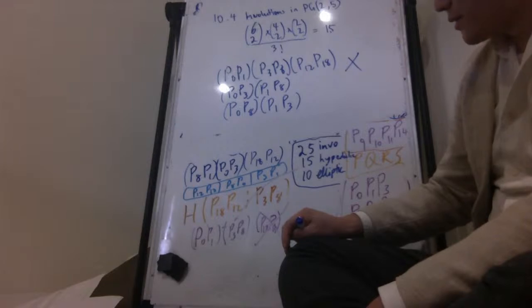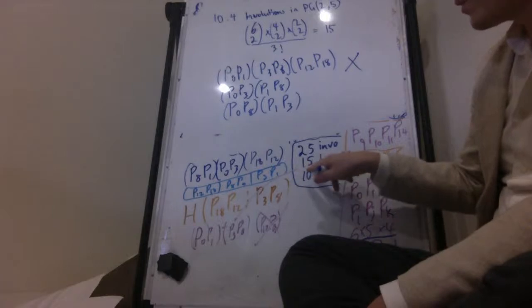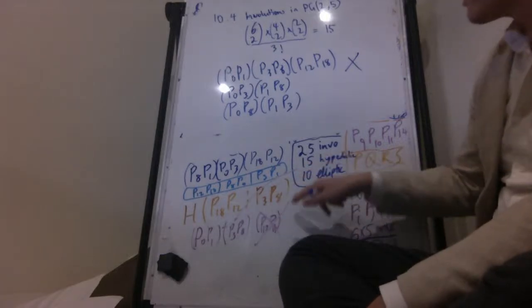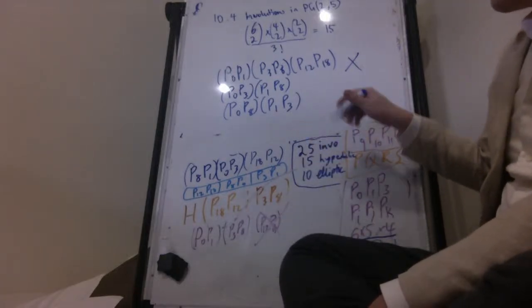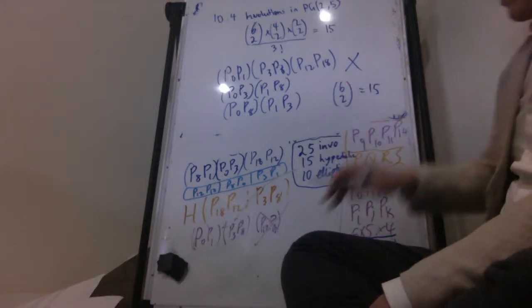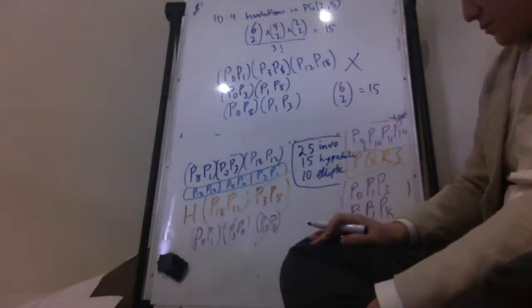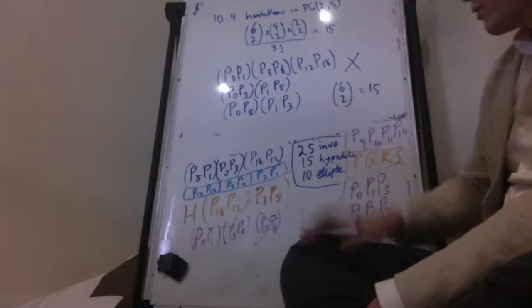And there are 15 ways to pick 2 things from six things. So 6 choose 2 is 15. If we pick the 2 points that are fixed, we should get all the hyperbolic involutions.